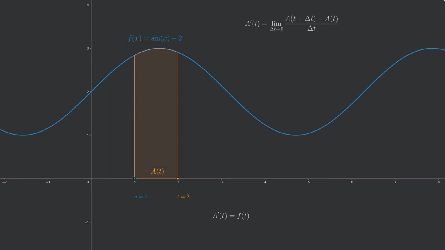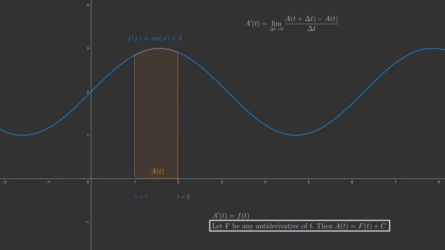Now we use the fact that any two indefinite integrals of a given function f only differ by a constant c. So suppose we are given any antiderivative of f, which we call capital F, then we know that capital F and a only differ by a constant c.